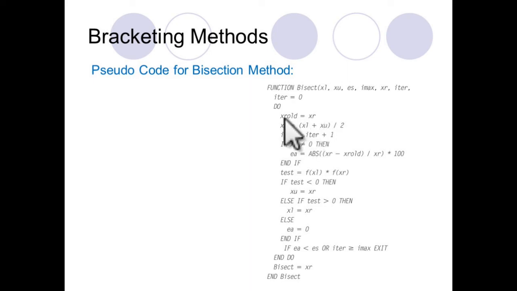First we create a dummy variable xrold, which is equal to xr. xr is equal to, our new point is equal to the average of xl and xu. Then we increase the iteration by 1. If xr is not equal to 0, then we calculate the relative absolute error.